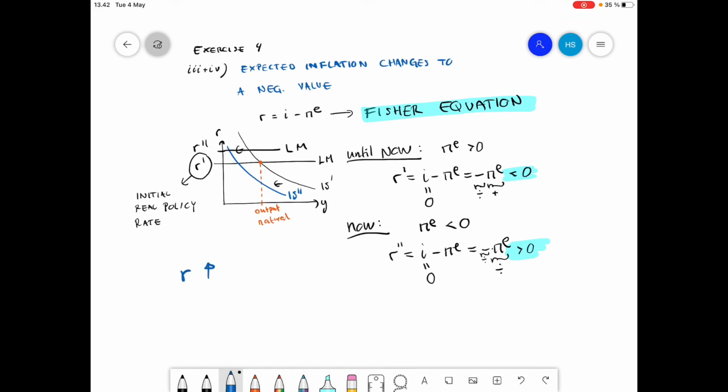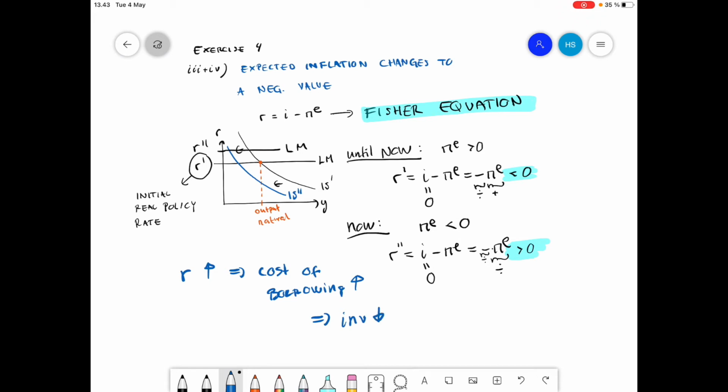And what happens when the real policy rate increases? Well, when the real policy rate increases, we know that the cost of borrowing increases. As the cost of borrowing increases, we know that agents of the economy will invest in fewer investment goods.